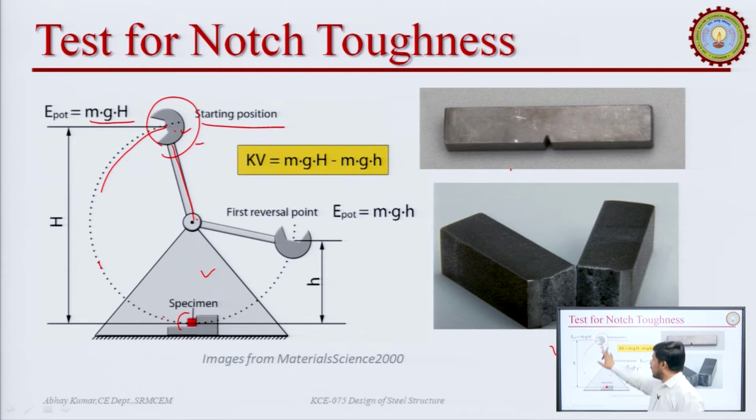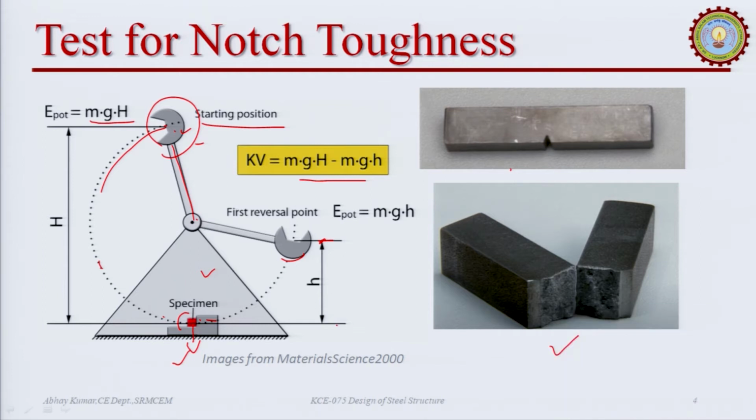At this point, the hammer transfers its energy to the specimen, and the specimen breaks. With the left out energy, the hammer will go up to a certain height. The difference between the potential energy of these two points gives us the energy absorbed by this material, and this will be the toughness value of our specimen.